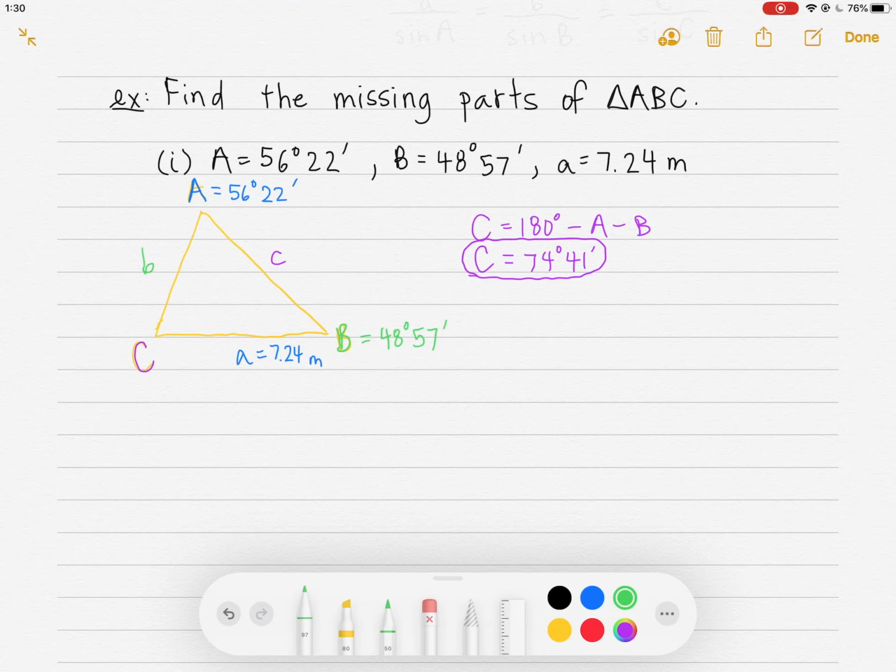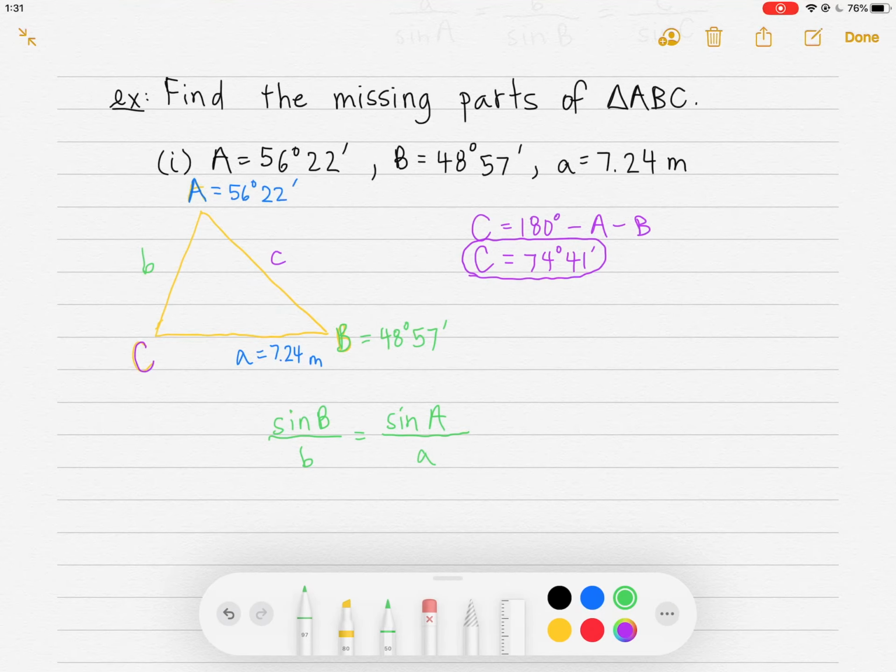So I know that sine of big B over little b is going to equal sine of somebody over his side. We can't use angle C and side c because we have to know 3 out of the 4 things in order to find the 4th, which is why we need to use big A and little a. So that is going to equal sine of big A over little a.